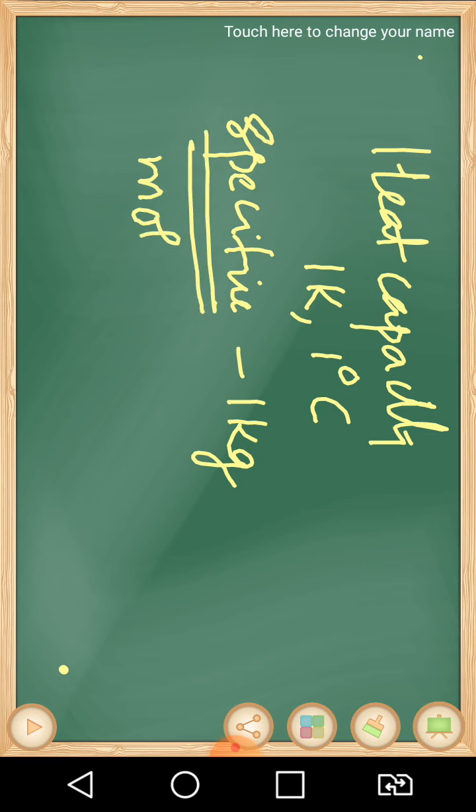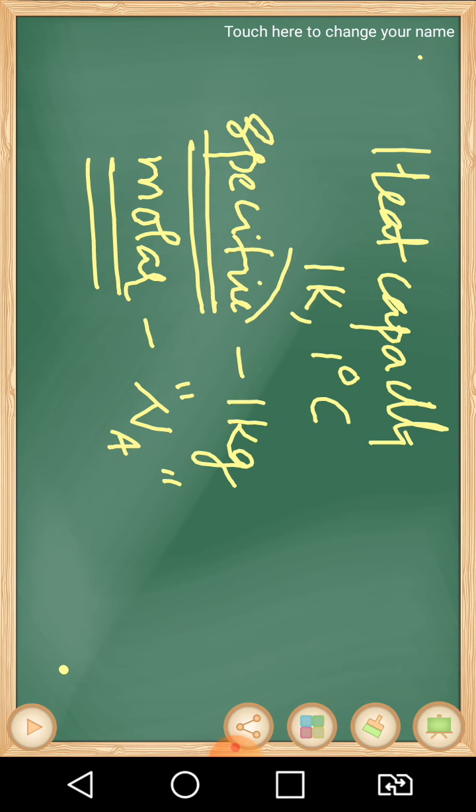And molar heat capacity is the energy required for 1 mole. 1 mole means Avogadro number of particles. So one substance in 1 mole in energy required. That is the molar heat capacity. 1 kg is specific heat capacity. Material as a whole ആണ് heat capacity കൊണ്ട് ഉദ്ദേശിക്കുന്നത്.